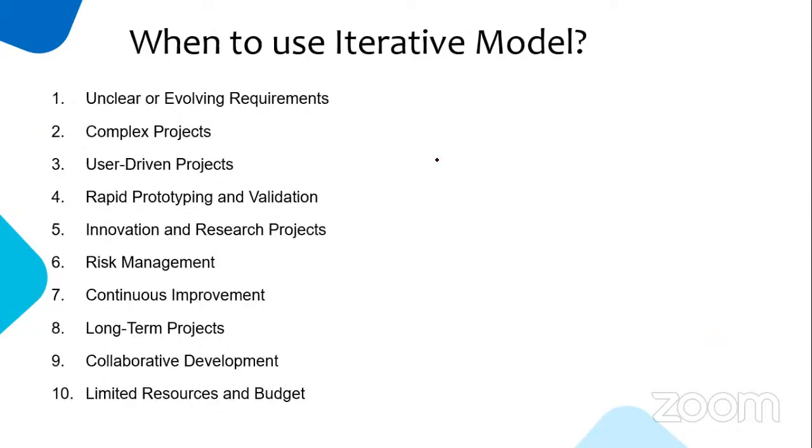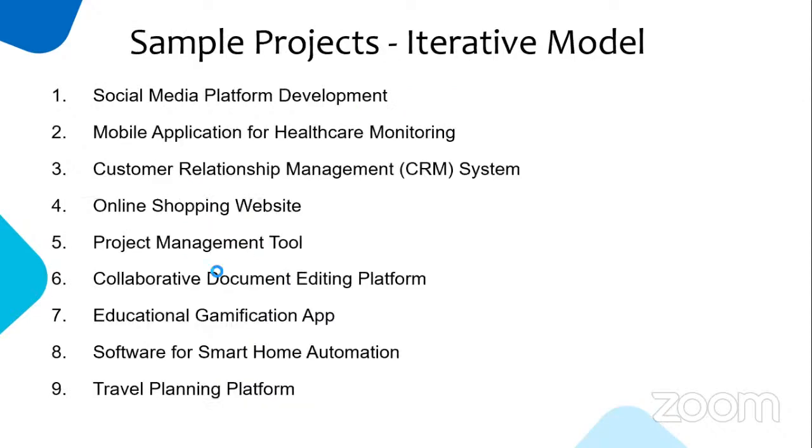You can use an iterative model when you are not clear about the requirements. That's evolving, or some requirements increment step by step, and you're not clear about the final product. It also suits high risk management, especially projects like research projects.